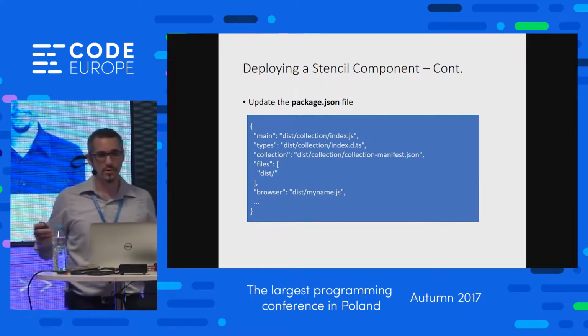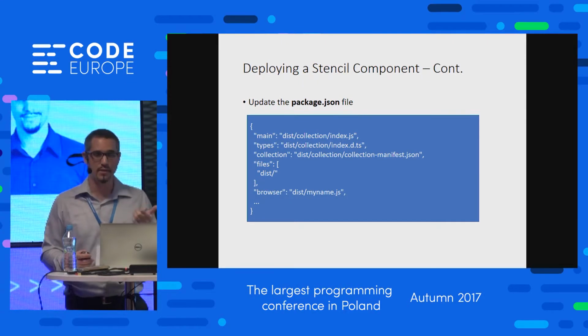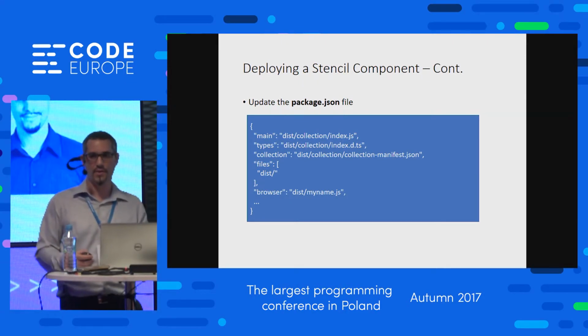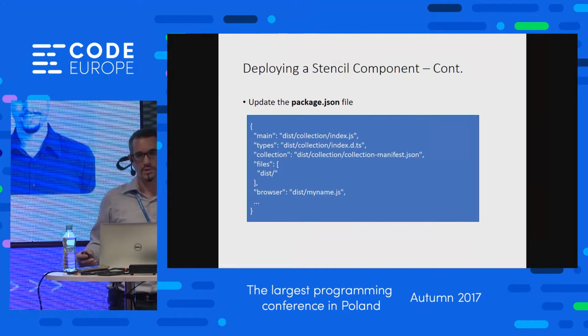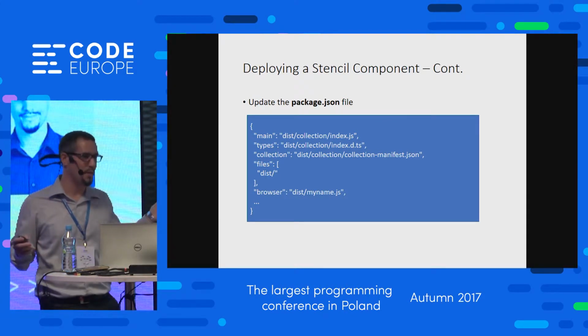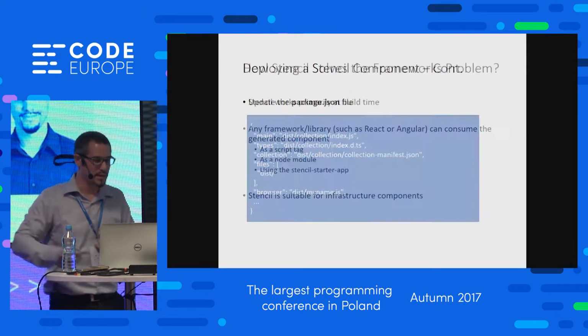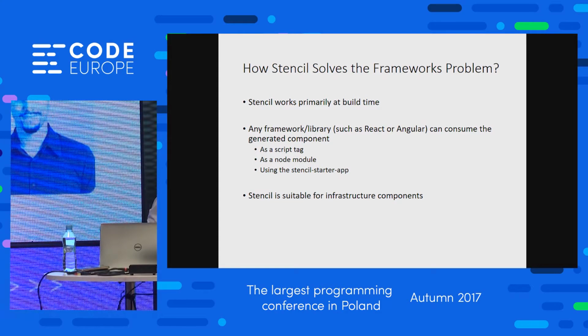Then you just get the output as a JS file, and you can use the JS file in CDNs, just put it in your application and go for it, or you can upload it into NPM. Then npm install the name of the component, and you have a reusable component. Cool.